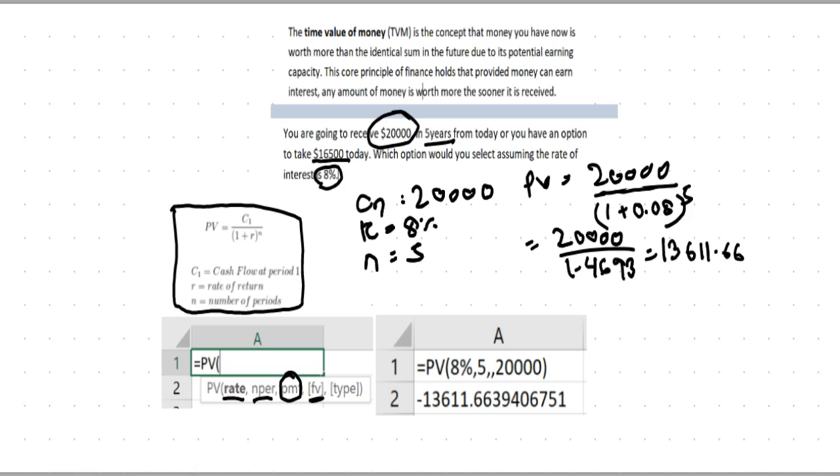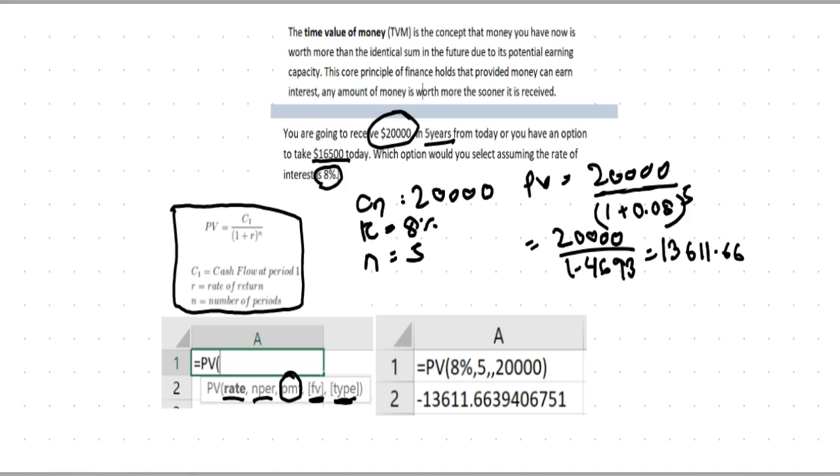FV, that is the future value. Type, this type is also for PMT. Like either you are receiving the recurring payments at the beginning of the period or at the end of the period. So we will discuss that in another video. Here we will calculate the present value of the future cash flow.